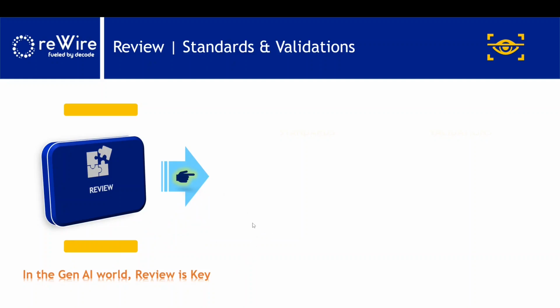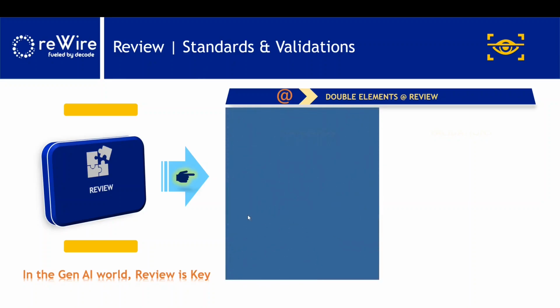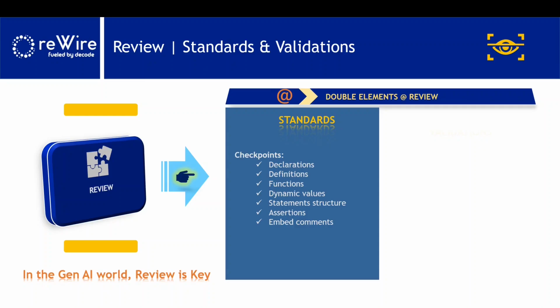It's not that the assistant has generated it and my job is done. No. Here I'm looking at two elements before I make the script final. One is standards that I have to ensure. What are the standards checkpoints?